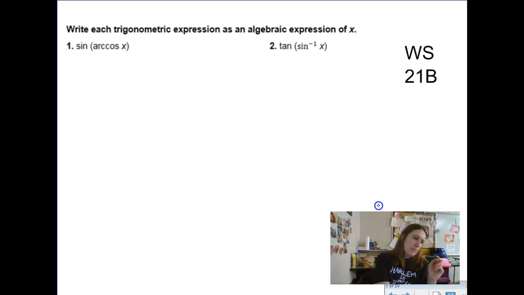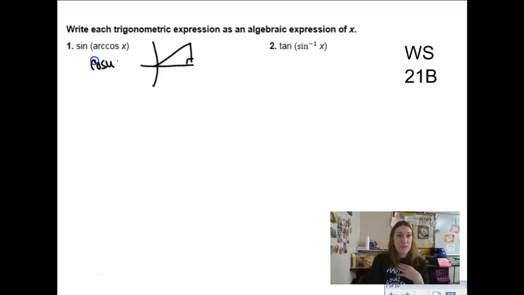And I'm looking ahead at my notes, and these really don't get any more difficult than this, so I'm just going to do a couple more of these, and I'm going to call it a day on this lesson. Alright, so arc cosine x, whoops, that's supposed to be a quadrant mark. We're in the first quadrant here. Arc cosine x, meaning that the cosine of our mystery angle is x, or x over 1.